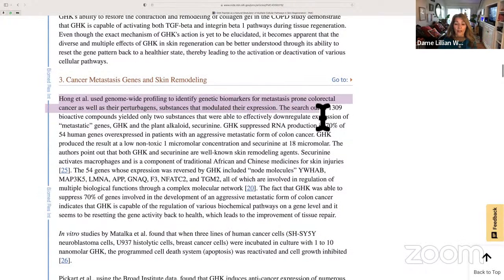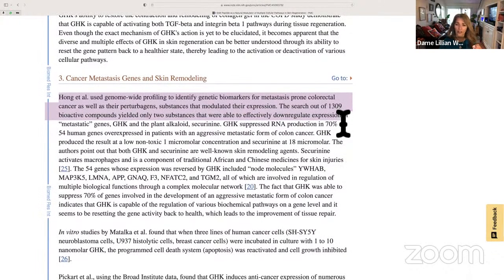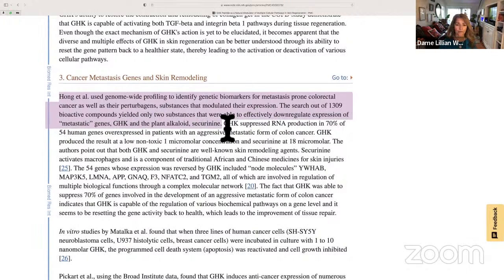The search out of 1,309 bioactive compounds yielded only 2 substances that were able to effectively downregulate the expression of metastatic genes, GHK and the plant alkaloid securenine. GHK suppressed RNA, that's DNA, there's RNA and DNA. RNA is ribonucleic acid.